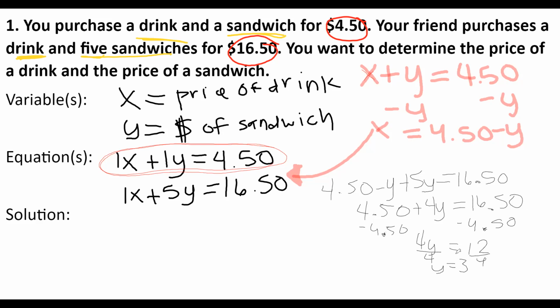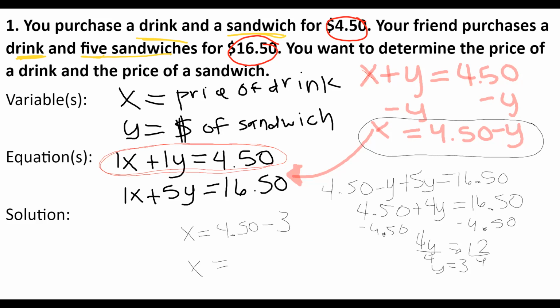I know it's a little sloppy, I'm literally writing with my finger on my laptop. Now we have what Y is, and we want to know what X is. If you remember, we already solved for X, so now we just plug in our Y. X equals 4.50 minus, we know Y is 3.